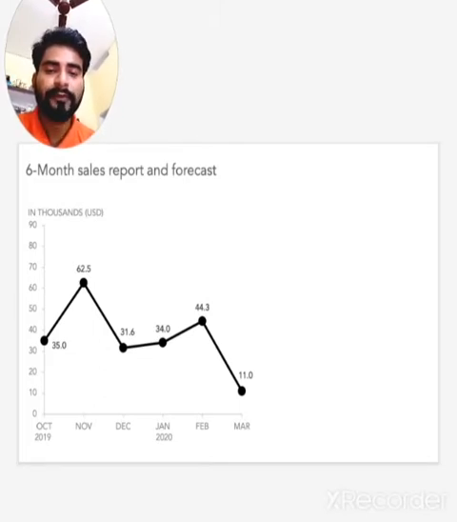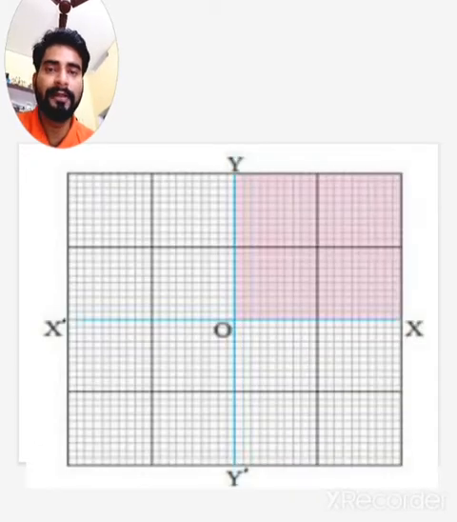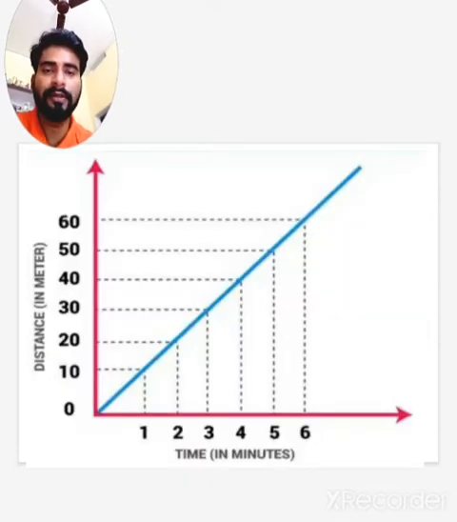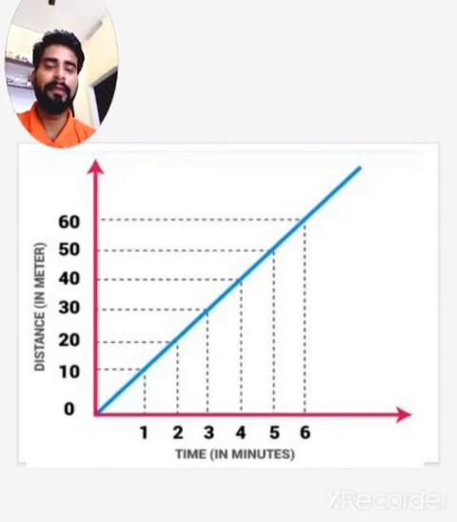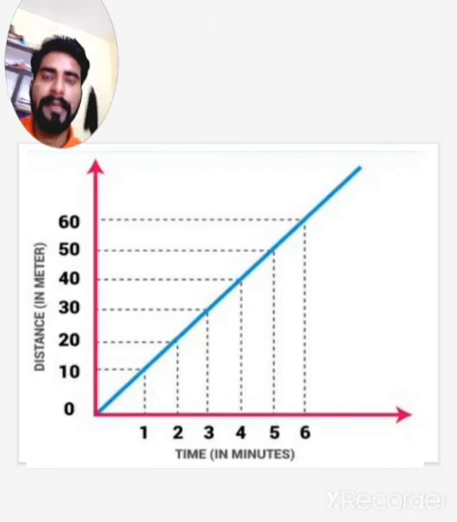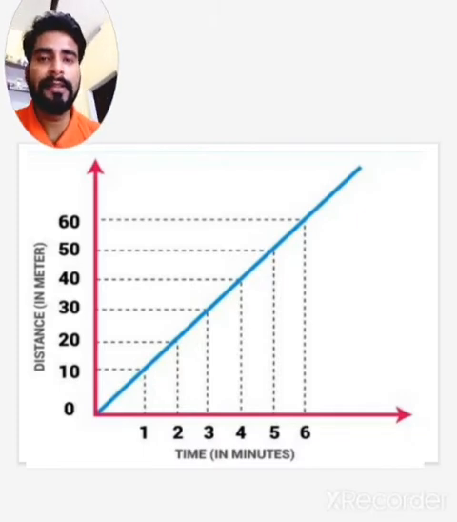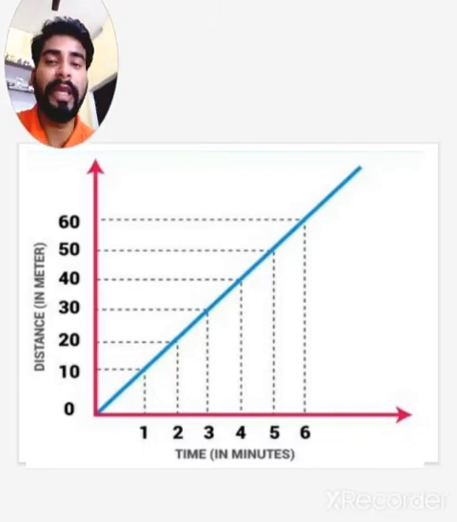Okay. So also we use graphs to represent time and distance. In the first graph, the x-axis is the time axis and the y-axis is the distance. So the vertical axis is the distance axis, and the horizontal axis is the time axis.